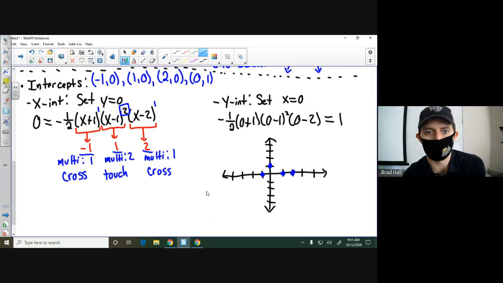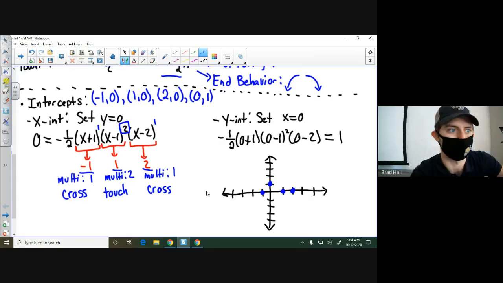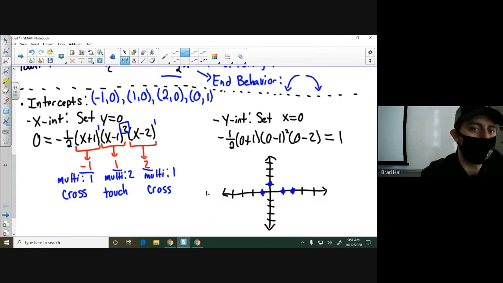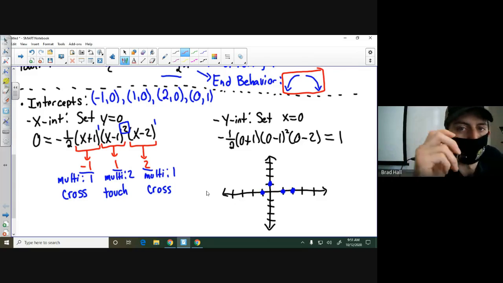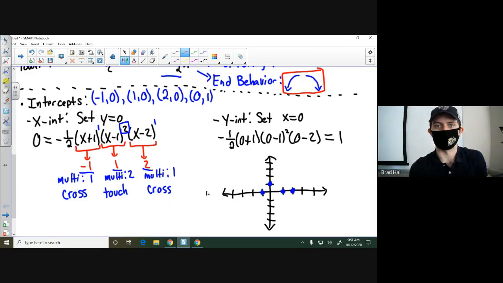Another thing we can utilize is the end behavior. Remember, we found the end behavior up here. What does the end behavior tell us? It tells us what's happening on the left of the graph and what's happening on the right of the graph.